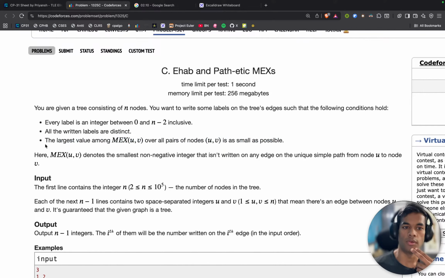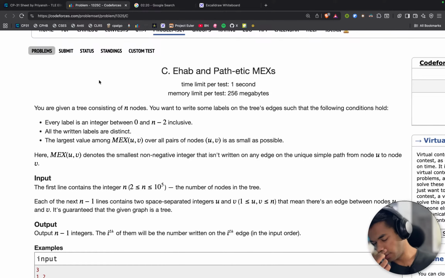The largest value among this is going to be n minus 1. The largest value among all the pairs is as small as possible. Largest value is going to be n minus 1.